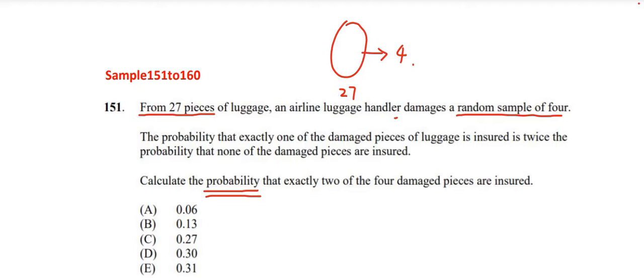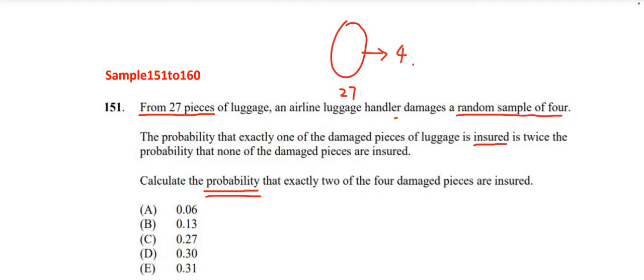So we split 27 into 2 parts. Some are insured, some are not insured, right? We don't know how many are insured.